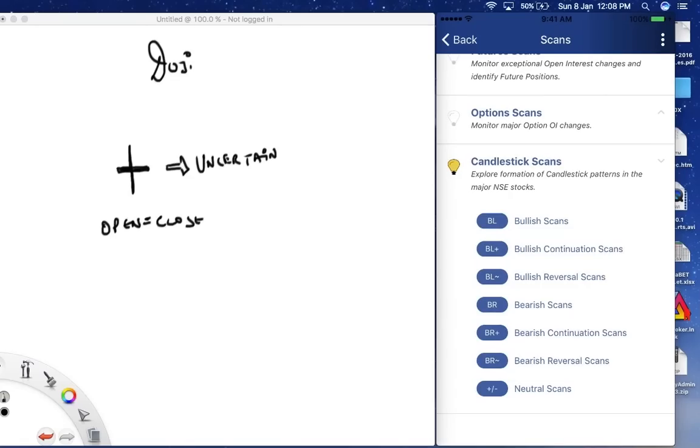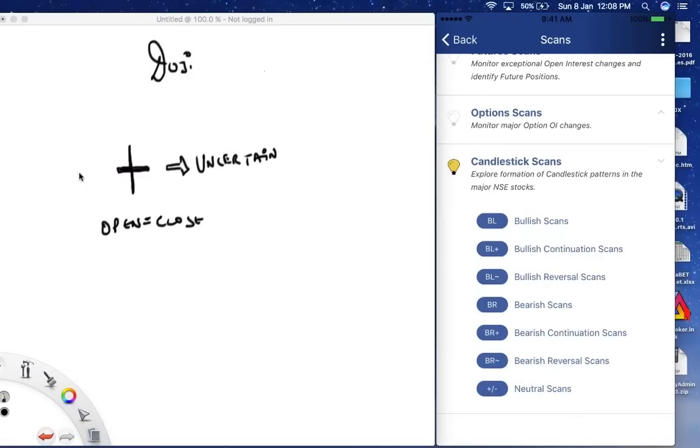All right. So now, what is the power of this app and how can it help you? Let's say I showed you a few scanners, right? Out of these, you would have a few favorites. So let's say I go to the home page, you go to My StockEdge, you go to My Scans.